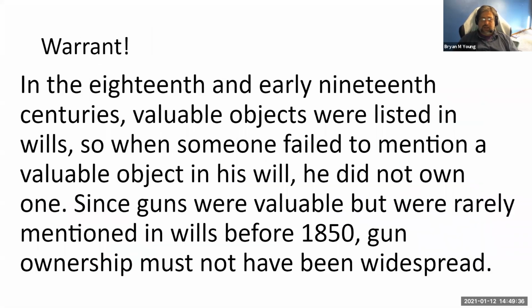The explanation is guns were valuable, and in the 18th and 19th century, and even today, people put valuable objects in their will. So if somebody didn't put it in their will, they didn't own it. Because guns were valuable but weren't mentioned in wills, that leads us to believe that a lot of people didn't have guns.